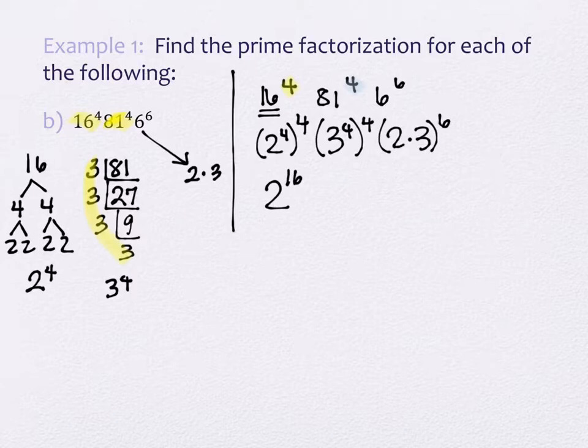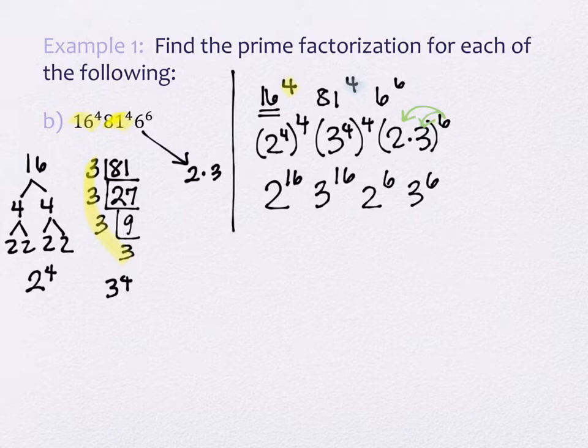So if that's what I would do to that one, I would do it to the next one too, right? So 3 to the 16th. What about 2 times 3 to the 6th? What properties can I use to simplify that? Yeah, it looks like distribution, right? So I would have this 6 distributing as a power to each of those. So I have 2 to the 6th and 3 to the 6th.